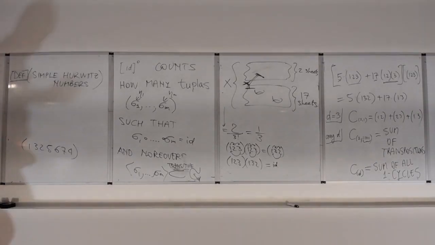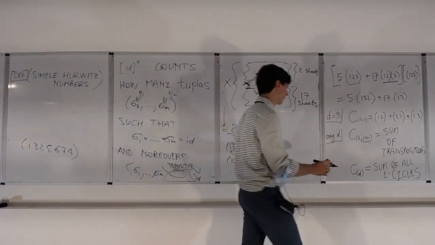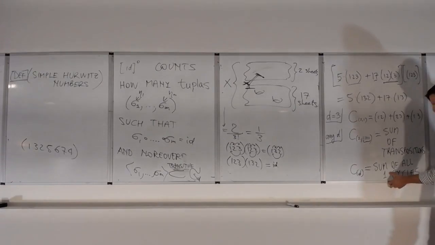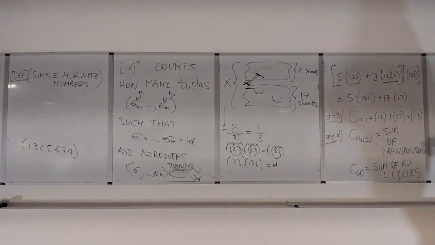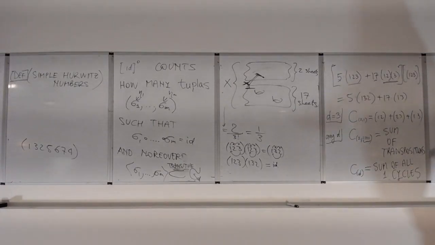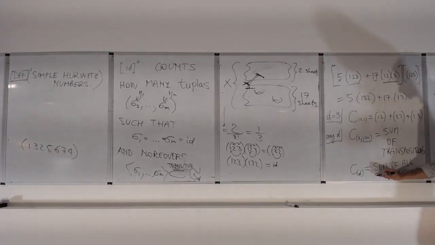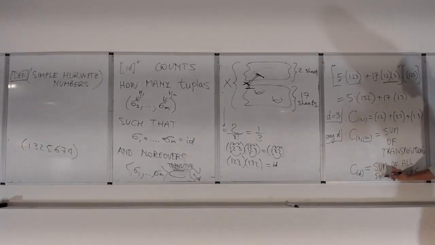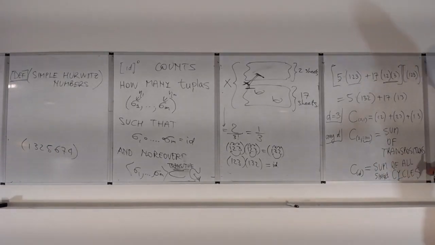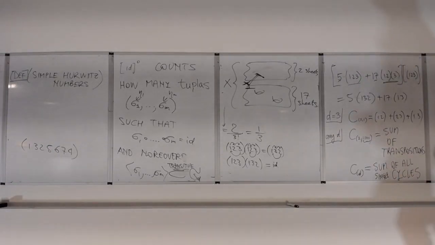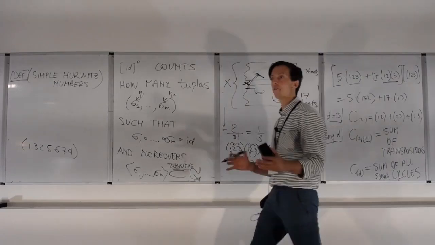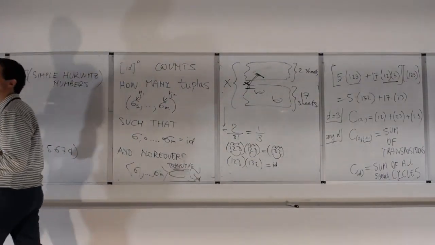Yes, this is 1 cycle of length 7, but there is only 1 cycle. If you want, I can write the sum of all single cycles, individual cycles. How do you want me to call it? Just everything is inside 1 cycle.